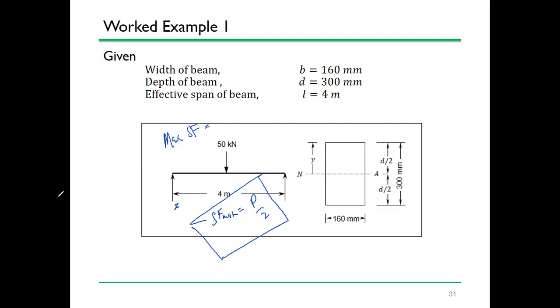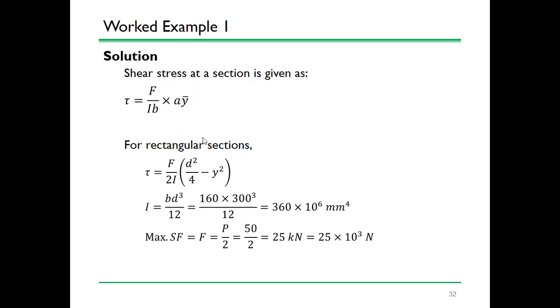So what I'll do is first calculate my y values. Okay, solution. This is the formula once again. You can still use the other one, but using this one becomes easy, so we will use this formula. Remember, because it is a rectangular section, we are applying this formula.